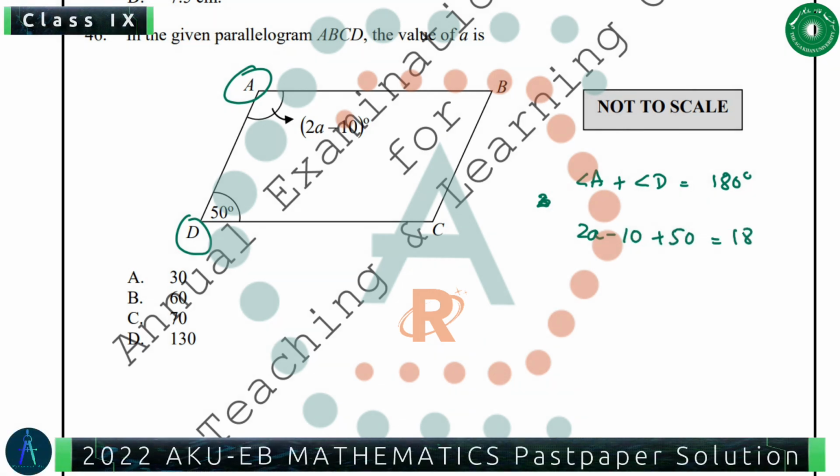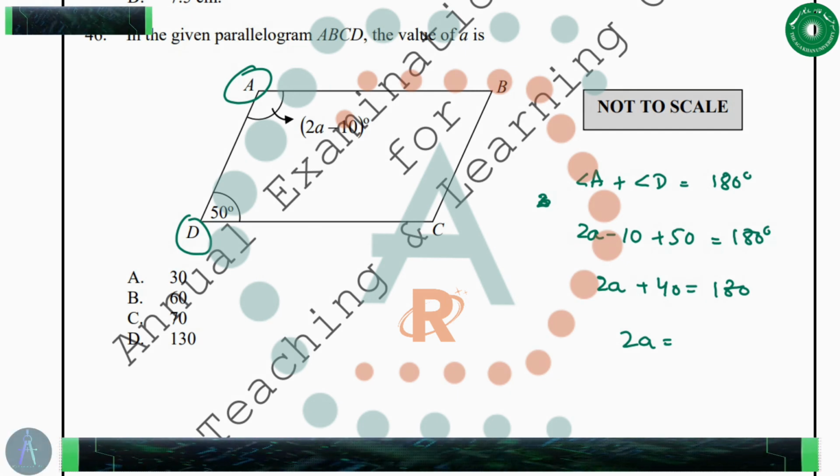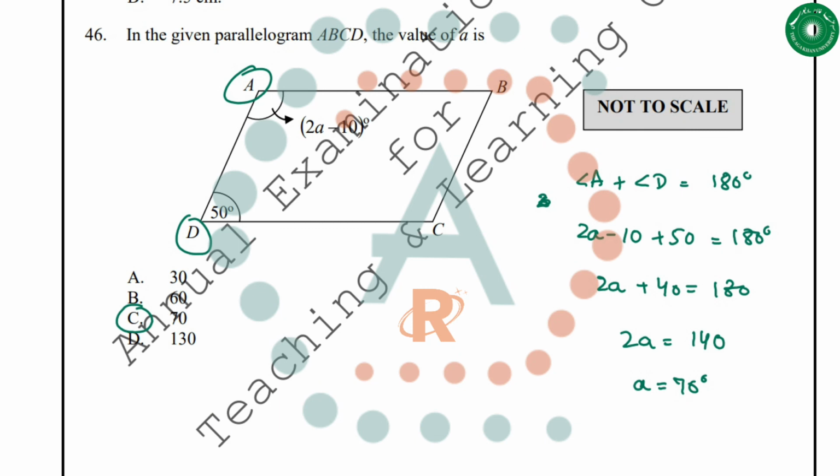It is equal to 180. So 2A plus 40 is equal to 180 and 2A will be equal to 180 minus 40, that is equal to 140. In this way A becomes 70. So question 46, option C is the right answer.